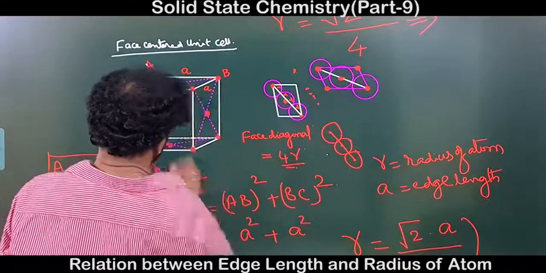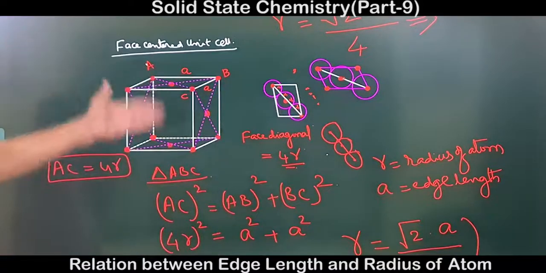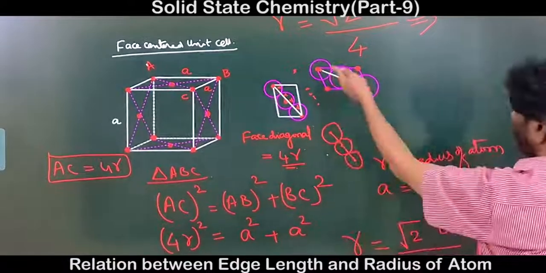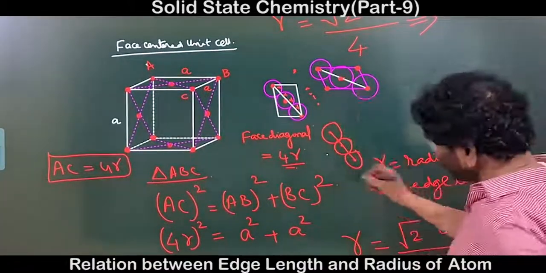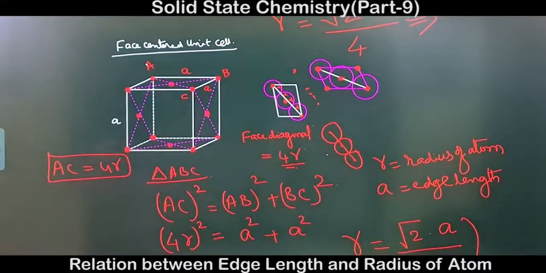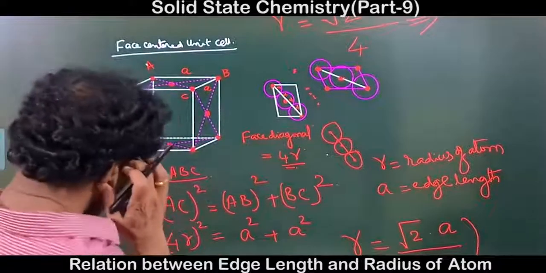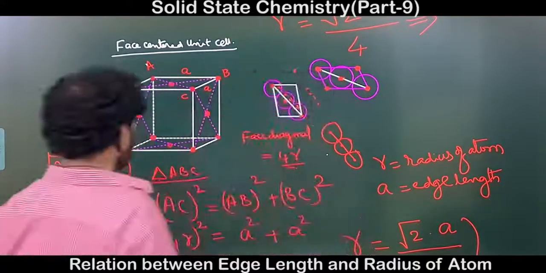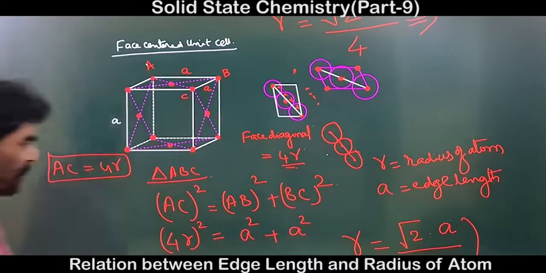Based on the Pythagoras theorem, it is evaluated. This is the face diagonal, which is equal to 4r here, because three atoms are connected to each other: r of this, 2r of this, r of this, 4r. This is the relation for the face centered unit cell.